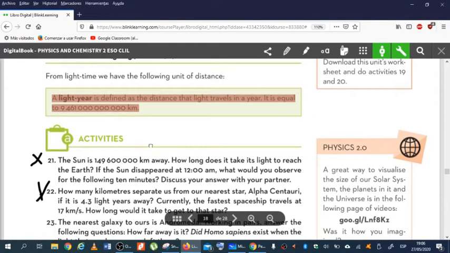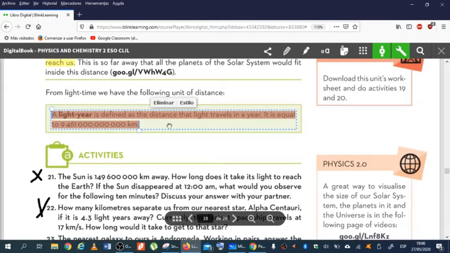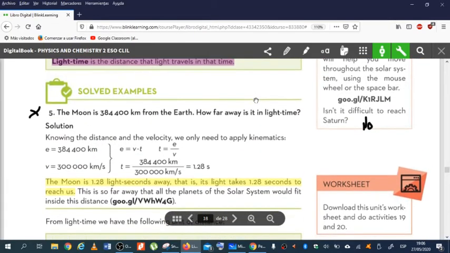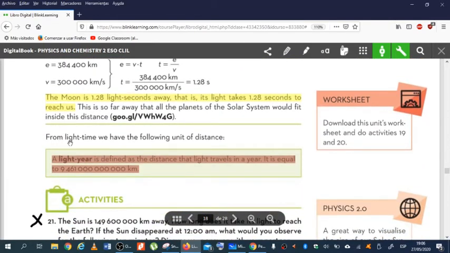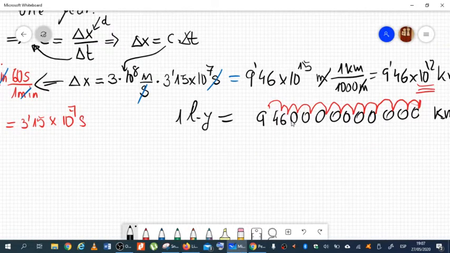Here, from light time, we have the following unit of distance. A light year is defined as the distance that light travels in a year. It is equal to this number. It is the same except for the one, because with my calculator I only took three numbers. It is not important.